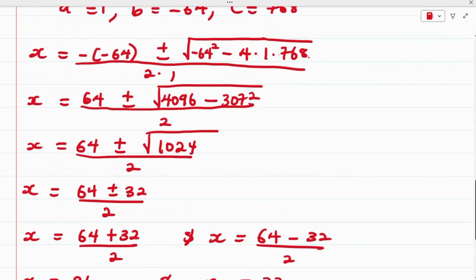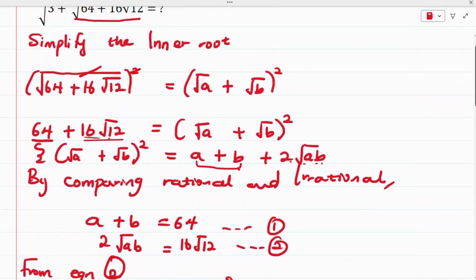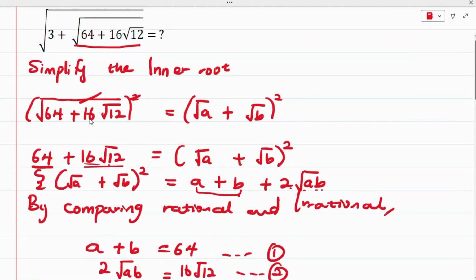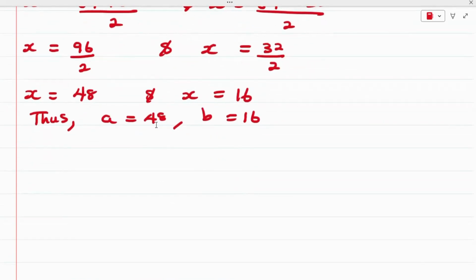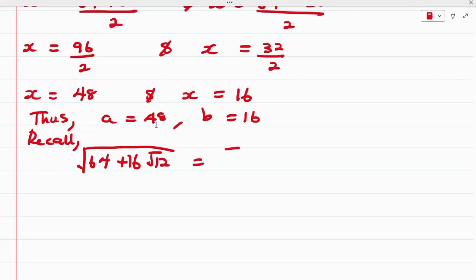Okay, now I want to simply recall that at the beginning we have the square root of 64 plus 16 into the root of 12 equal to the root of a plus the root of b. So this is equal to the root of a, which is 48, plus the root of b, which is 16.